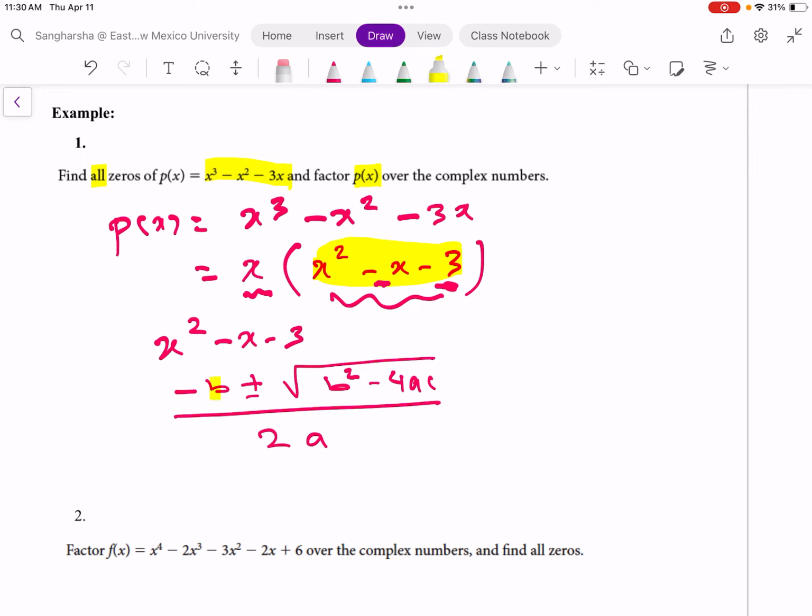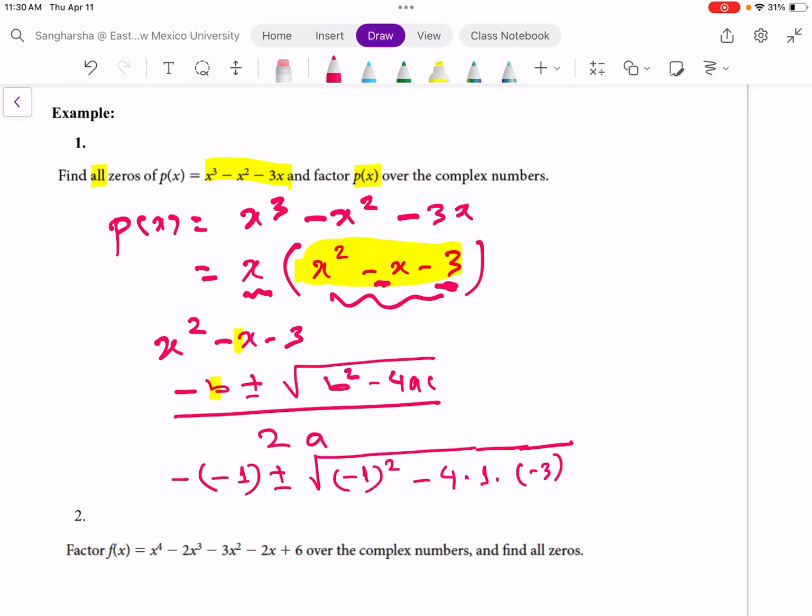B is the coefficient of x, which is -1. So we have negative, our b is -1, plus or minus square root, b is -1, squared, minus 4 times a, the coefficient of the square term, which is 1, times c, the constant, which is -3, divided by 2 times a, and a is 1. Okay.